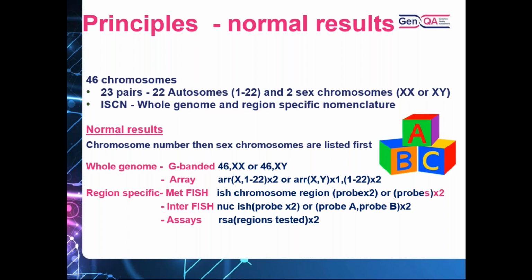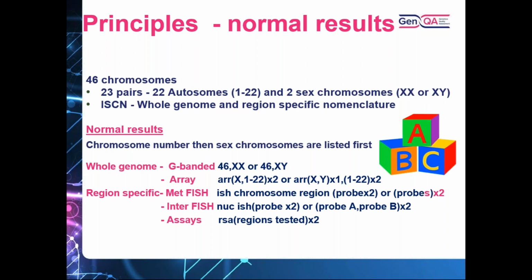For normal results, when you've got a karyotype, the chromosome number is always given first, followed by the sex chromosomes. What's changed for ISCN 2020 is that for all techniques now, the sex chromosomes are listed first. For array, it would be for a female: arr X, 1 to 22, close the brackets, times 2.